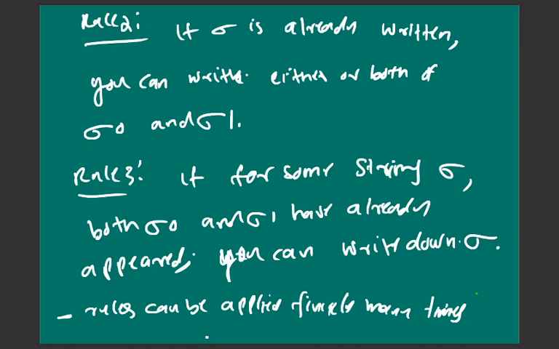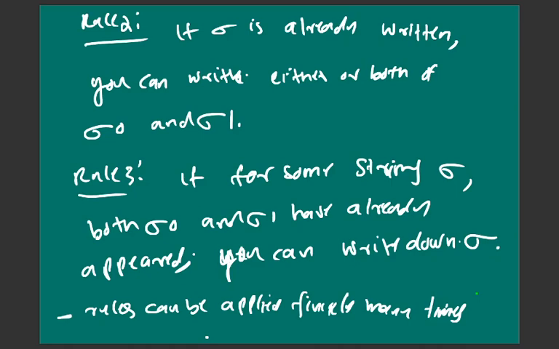Rule 3 says that if for some string sigma, both sigma 0 and sigma 1 have already appeared in your writing, then you can write down sigma. Okay, suppose I have already written down 0 0 and 0 1, then I can write down 0. Okay. These rules can be applied only finitely many times.